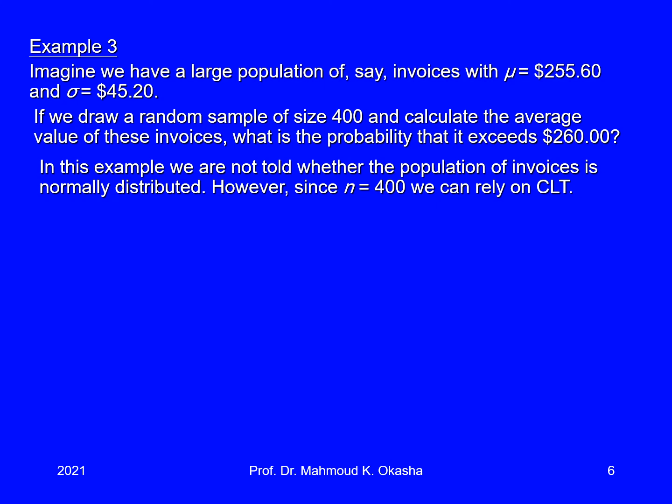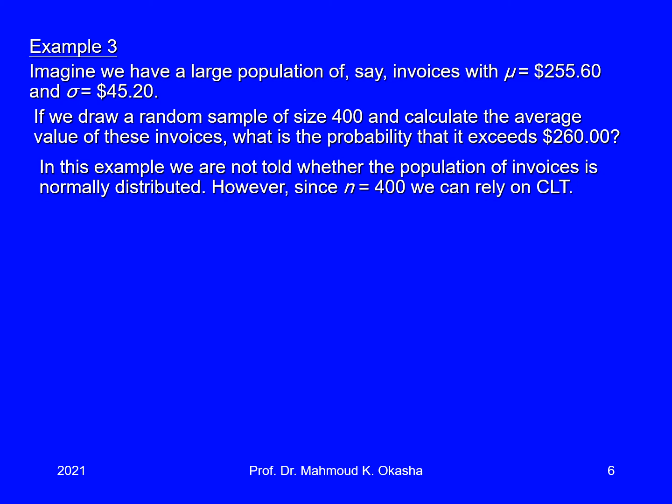In this example, we are not told whether the population of invoices is normal, as we mentioned. It doesn't mention anything about the distribution of the population, but he mentioned that the sample is large.